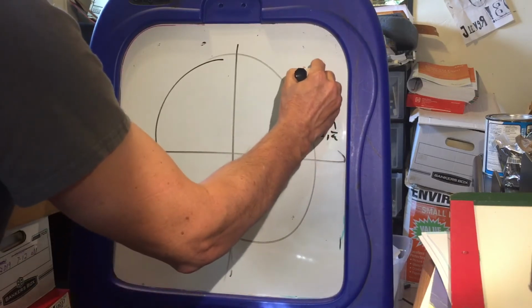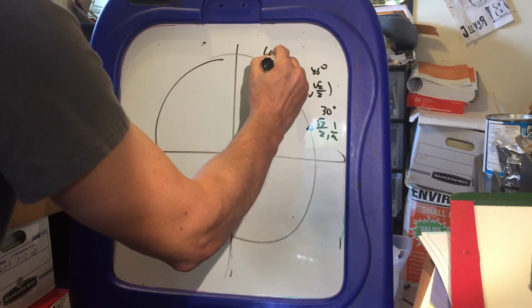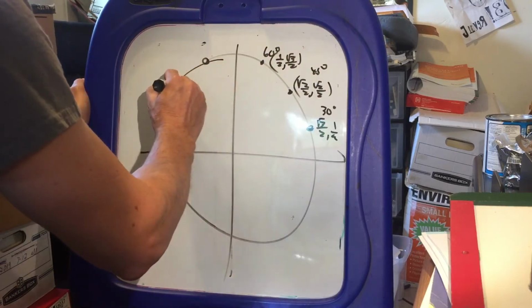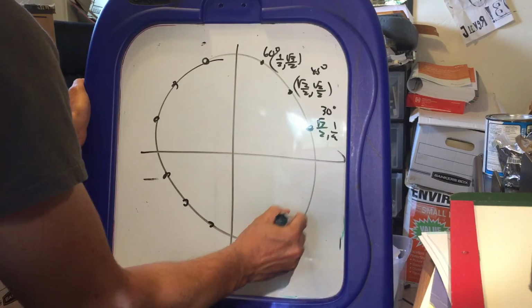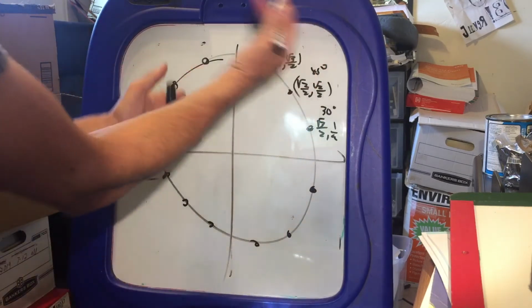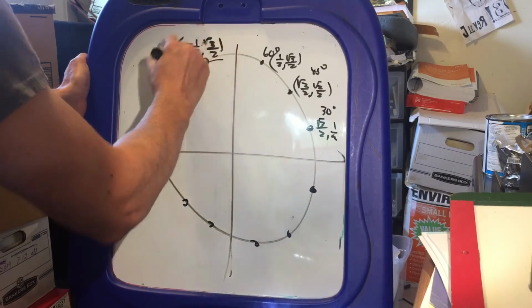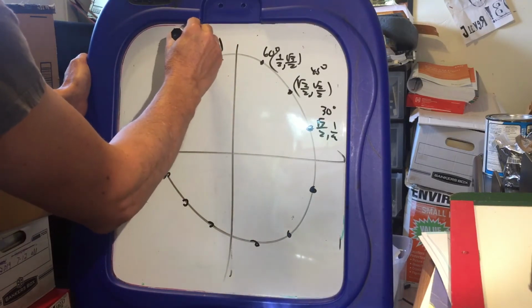Then you've got 60 degrees. That's 1/2 comma root 3 over 2. And then you've got all these other ones over here that I went through. Watch the video again. I went through all of them. All of these coordinates, you can reflect them. So this one's negative 1/2 comma root 3 over 2. I don't have time to do all of them, but this one is at 120 degrees.